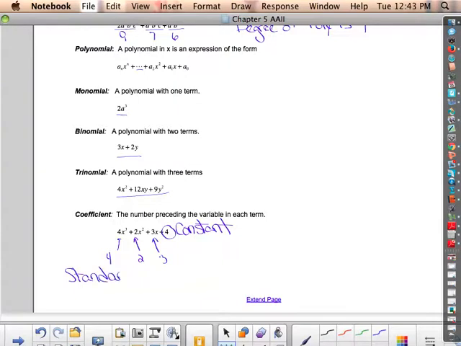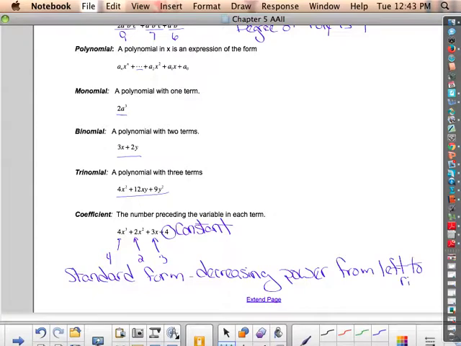So standard form is a decreasing power on the exponent, or a decreasing power from left to right. Let's say it that way, and I'll give you an example. If I have, for example, 5x to the third plus 4x squared plus x plus 9, that's in standard form.